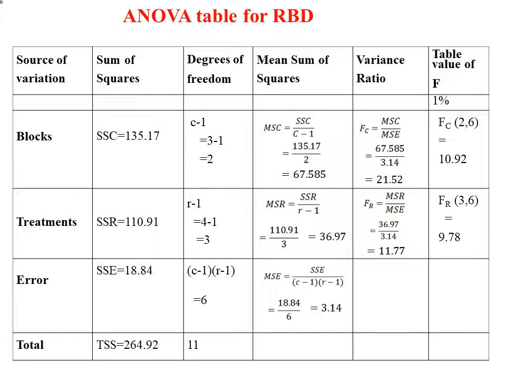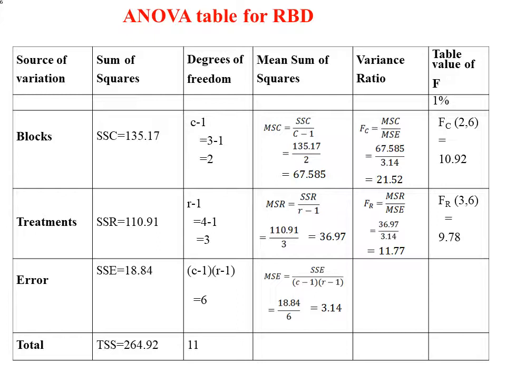Now how to frame the F value? FC, that means the calculated value for F, is equal to MSC by MSE, right? And what is the value? 67.585 divided by 3.14, you will get 21.52 as the answer for FC. And FR with respect to row is MSR by MSE.